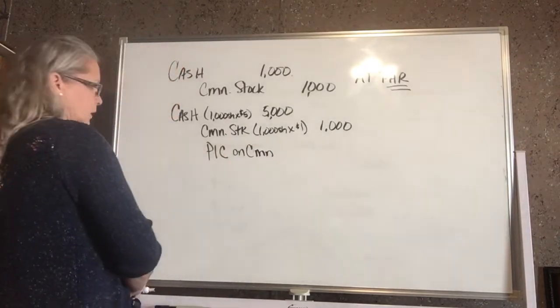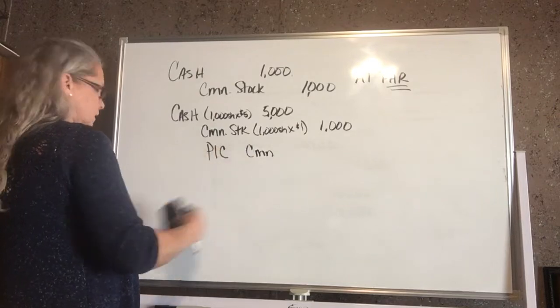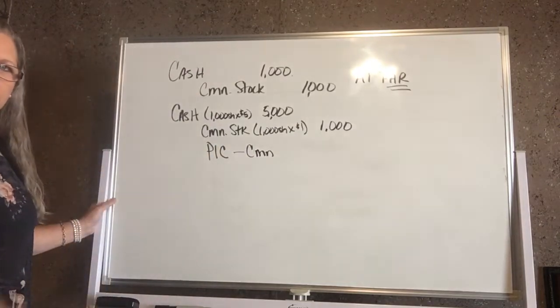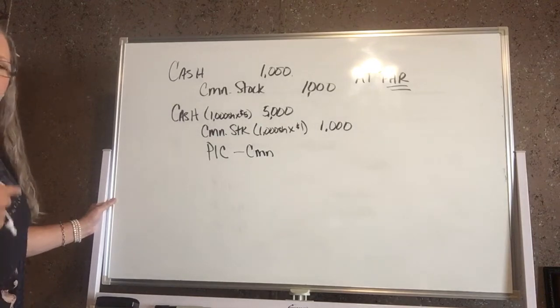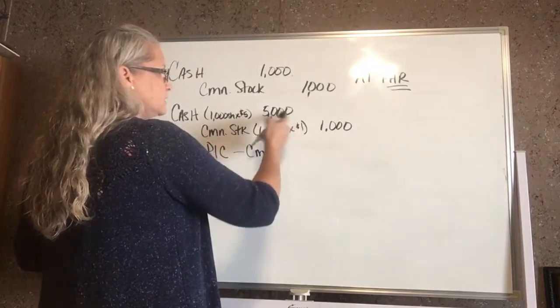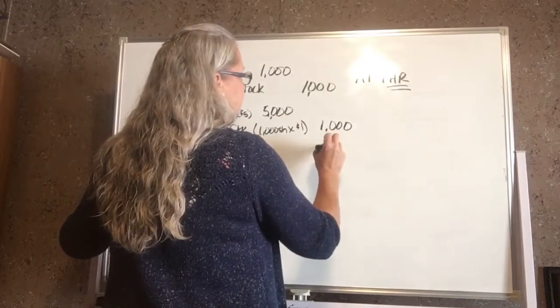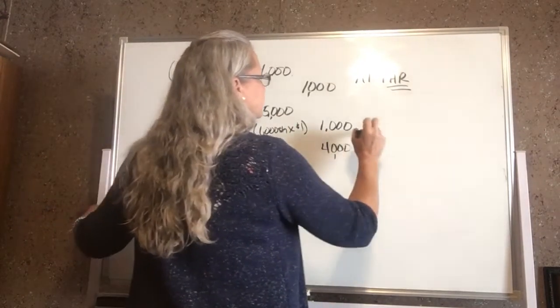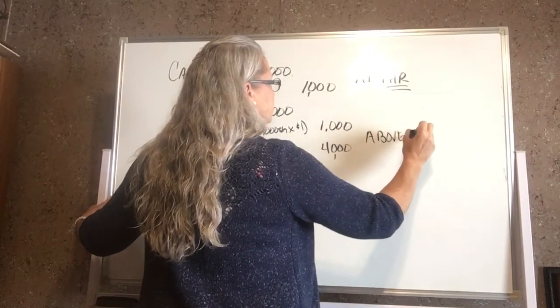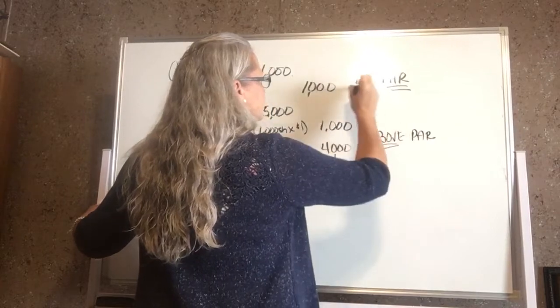Or, and I don't even write the "on" sometimes, I just say PIC common. So I know it's paid-in capital from where? From common stock, okay? And that is going to be the difference that it takes to make these two balance, the $4,000. And that is being sold above par.